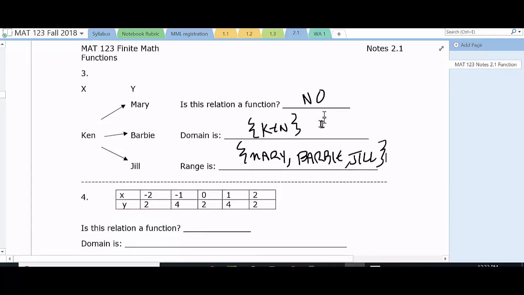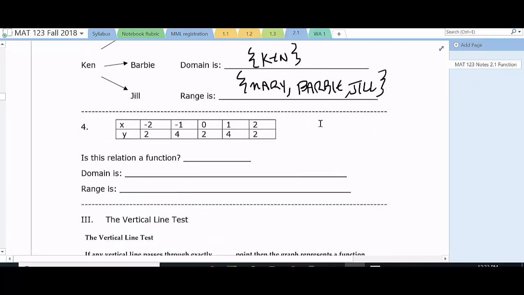The next one, again, you can do it in your head, so let's think about this. The -2 goes to one place. That's good. -1 goes to one place. 0 goes to one place, and so forth. So is that a function? Yeah, every x has one y. Now, if I snuck another number in there, then it's not a function. So that would be an example of a function.